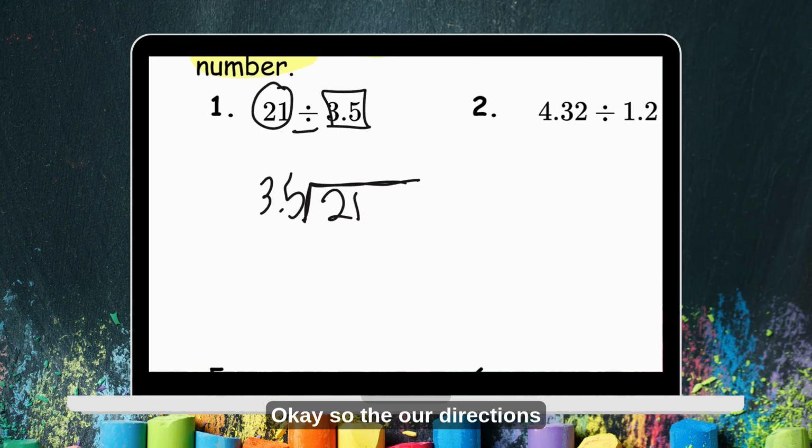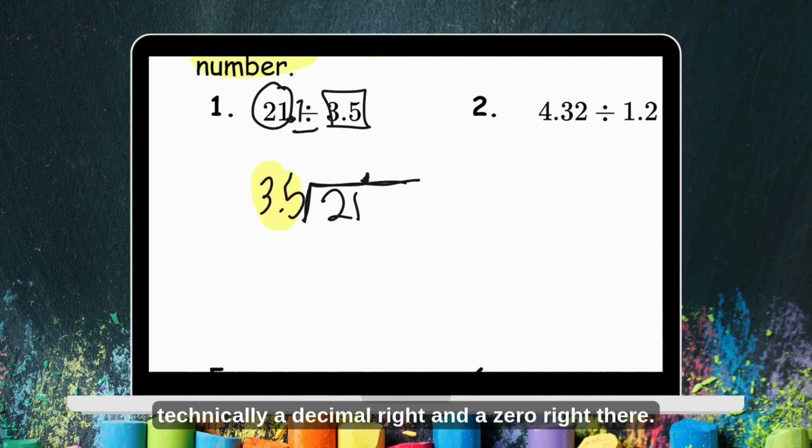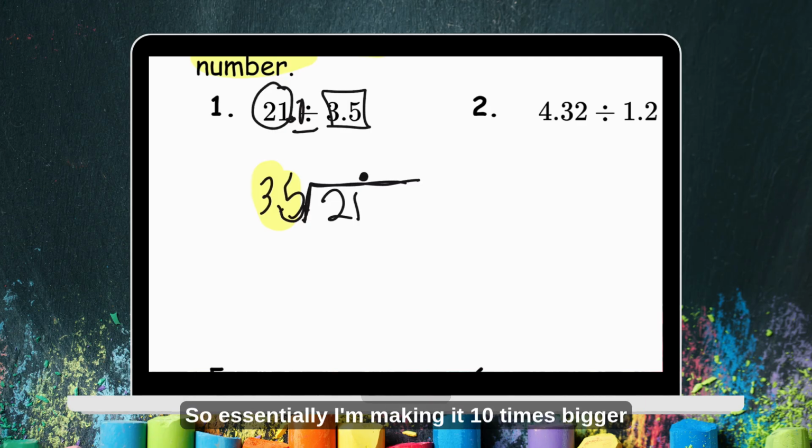Our directions reminded us that when we're dividing with decimals, the divisor cannot have a decimal. Right now where our decimals are lined up, 21 technically has a decimal and a 0 right there. So we're going to put that decimal point right here, and then I'm going to move this one time out of the way so it's a whole number. Essentially I'm making it 10 times bigger, so I also need to make 21 10 times bigger.